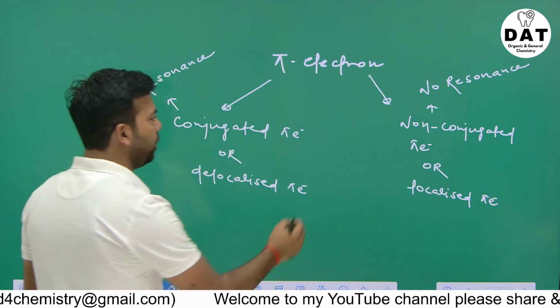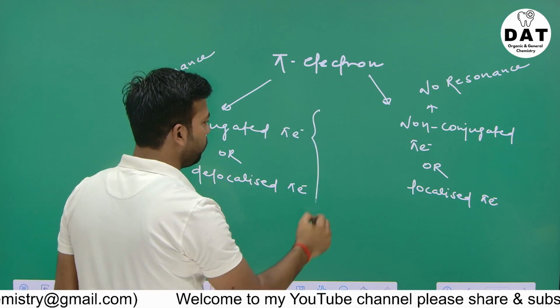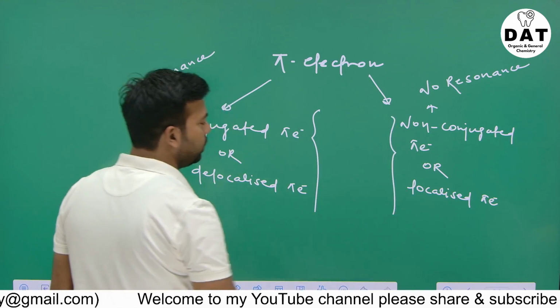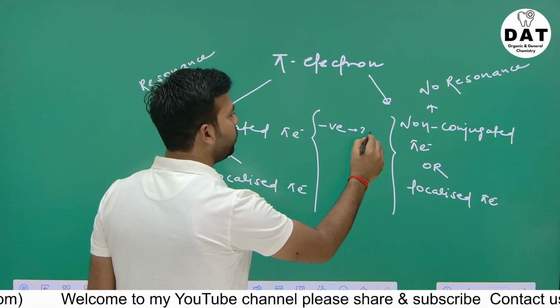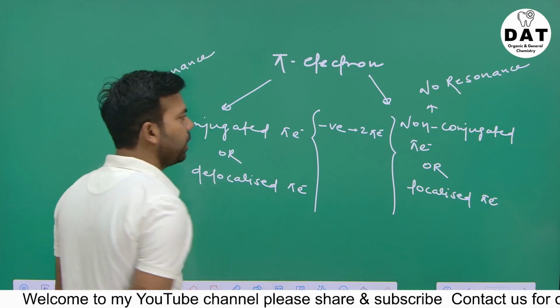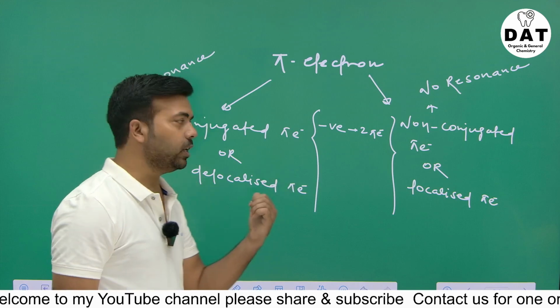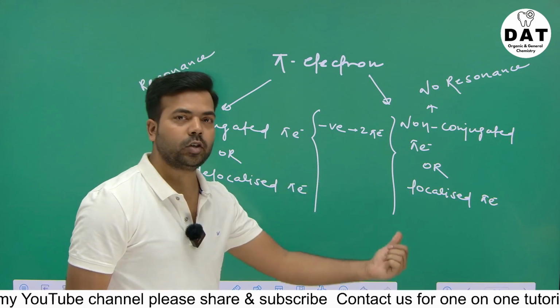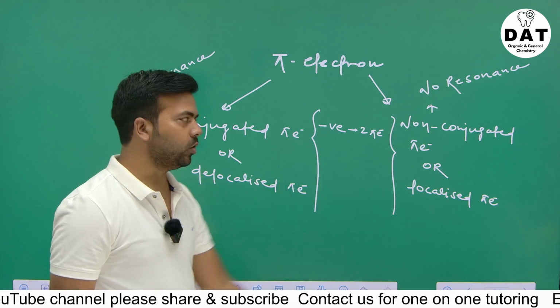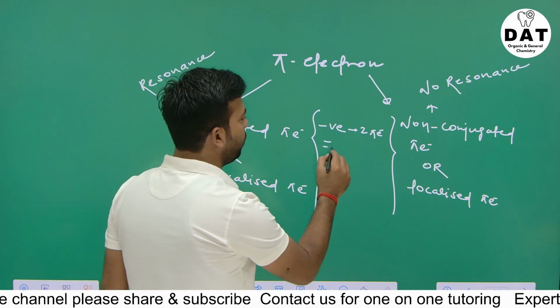Clear? And one more thing I just want to add here. If we have a negative charge, it will always give you 2 pi electron. If it is in conjugation, we say 2 pi conjugated, and if it is non-conjugated, we say 2 pi non-conjugated. Double bond also 2 pi.